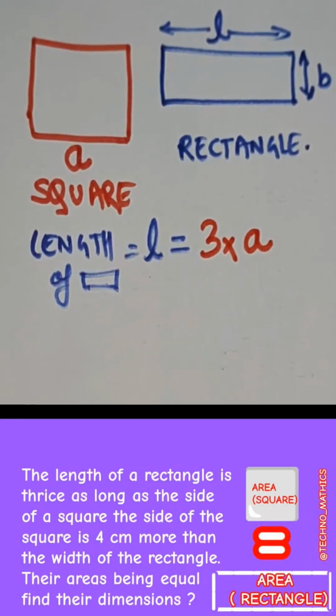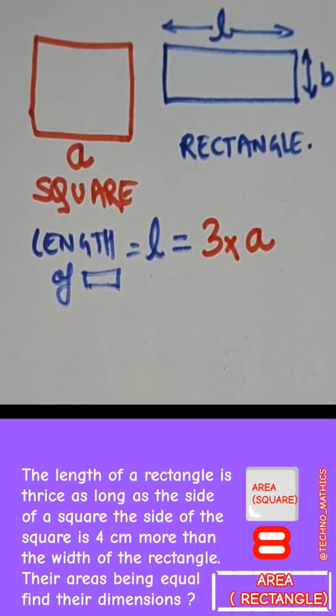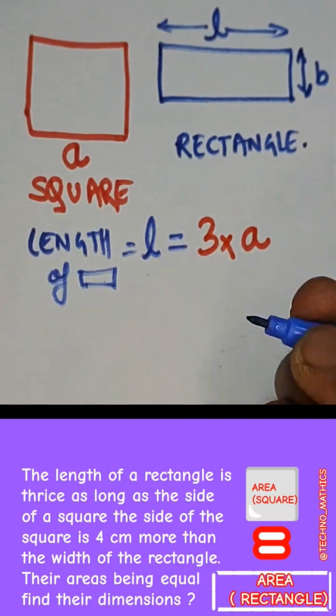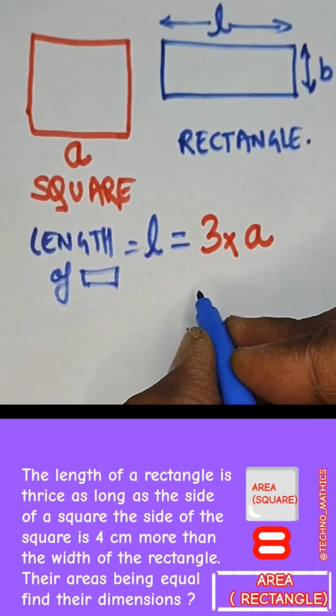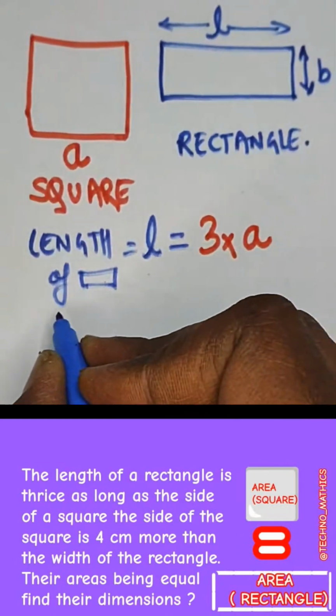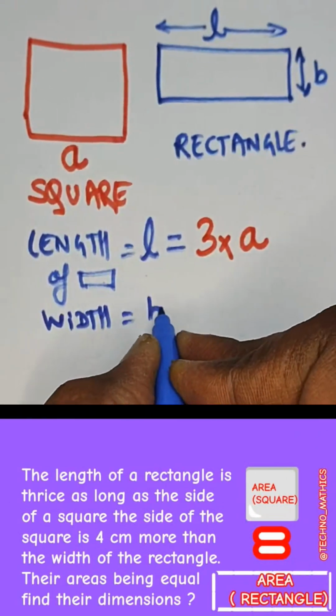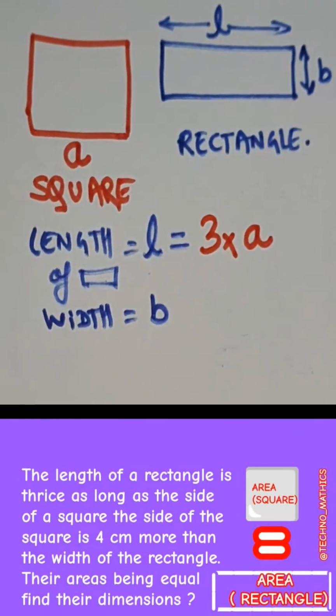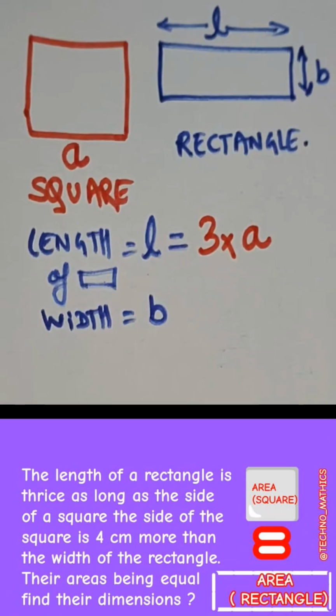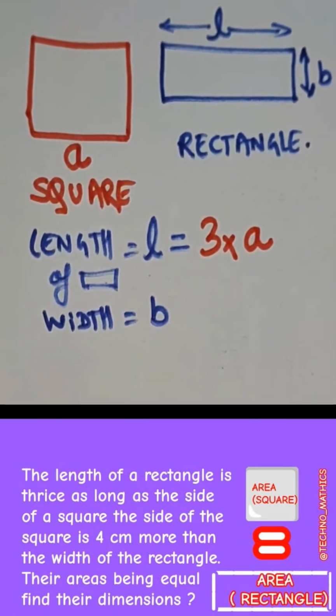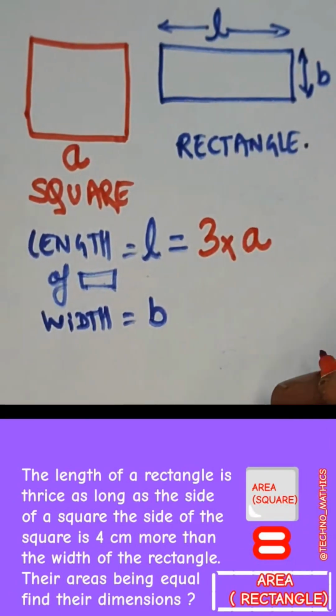And another relation is given, that the side of the square is 4 centimeter more than the width of the rectangle. If we say the width of the rectangle is B, then the side of the square is 4 centimeter more than the width of the rectangle.